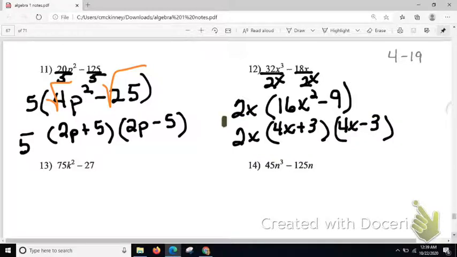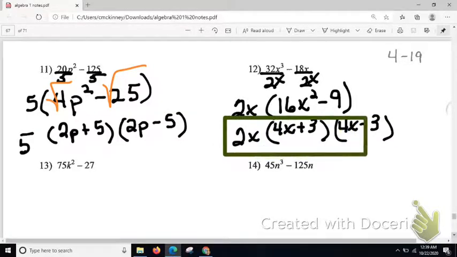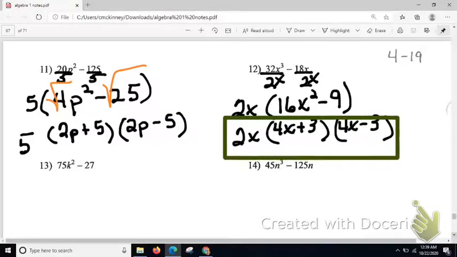That 2x, that was our common factor, is part of our answer. My problem, I apparently was writing uphill.